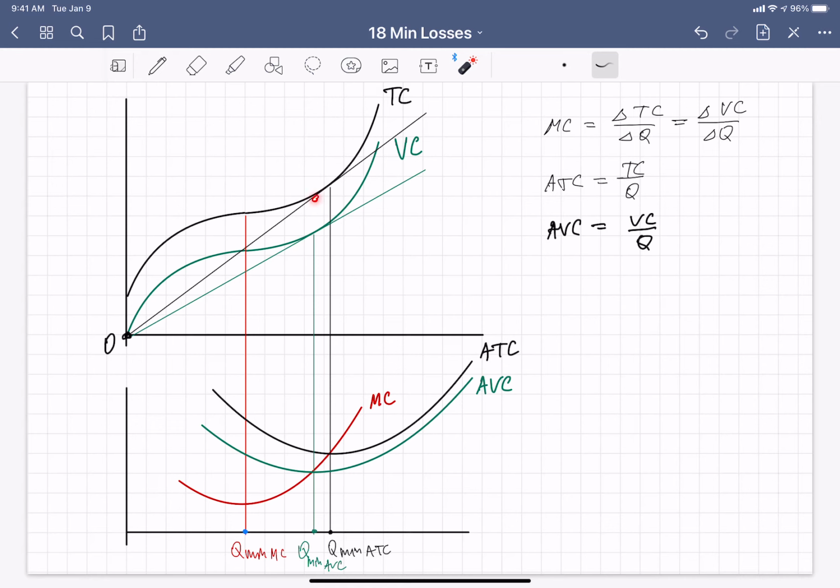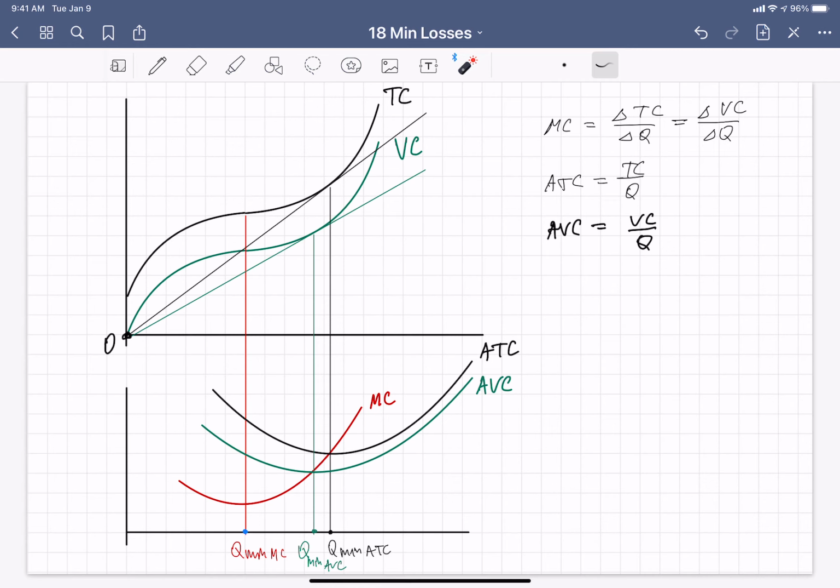MC by definition at this point is a tangent line, but this one also happens to be a tangent line. That's why MC and ATC are exactly the same at this point, and that is represented by MC intersecting ATC at its minimum, because we also know that the minimum ATC is where our line that goes from 0 to the TC curve just touches total cost.